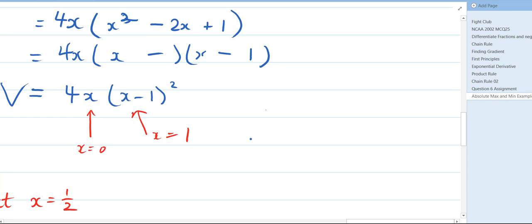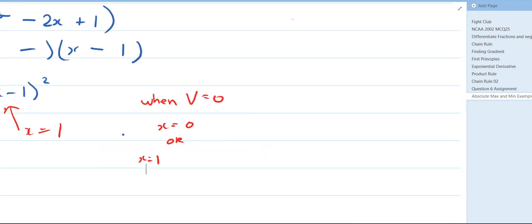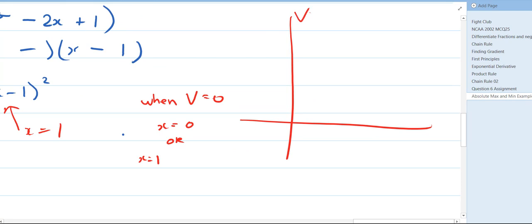It's when v equals 0, x equals 0 or 1. So how does that help me sketch the graph? This is v, this is x, and I know the graph has an x-intercept at 0 and an x-intercept at 1, but it's a turning point.